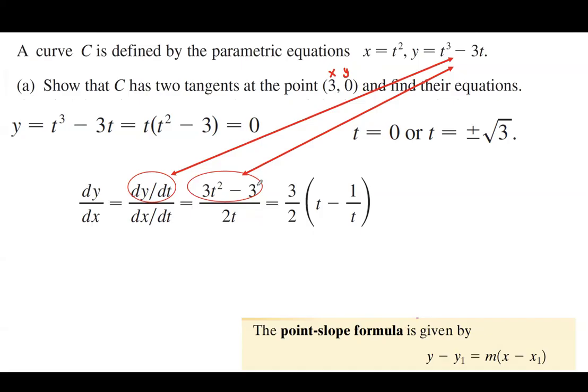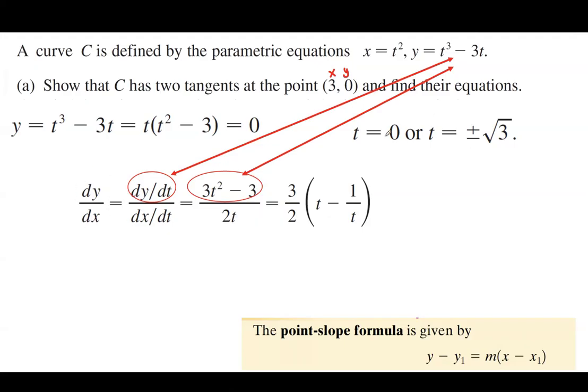We can factor out 3 divided by 2, and in parentheses you have t squared over t minus 1 over t, or t minus 1 over t, with 3 over 2 in front of it. So this gives us the rate of change of y with respect to x.